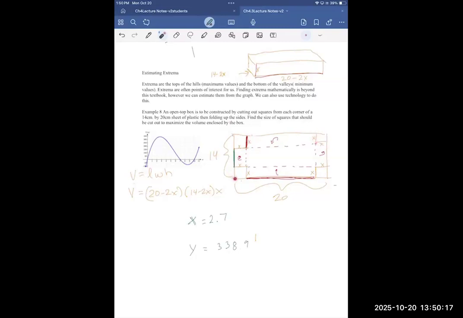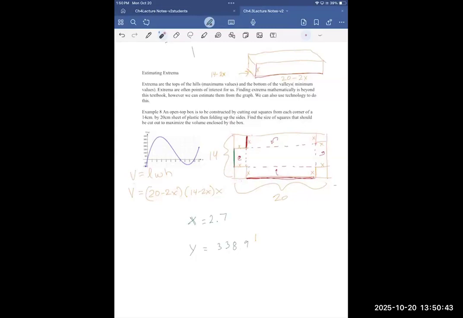So that makes this length the original 20 minus an x on one side minus another x on the other side. So it's 20 minus 2x. That will be the length. Then the width of the box, which is right here, needs to be the original 14, same thing, minus an x on this side, x on that side.